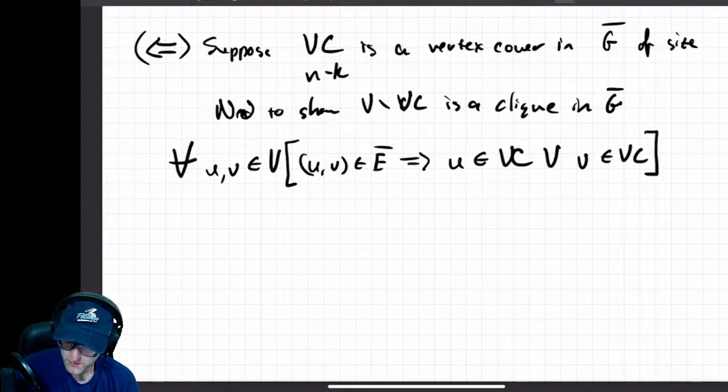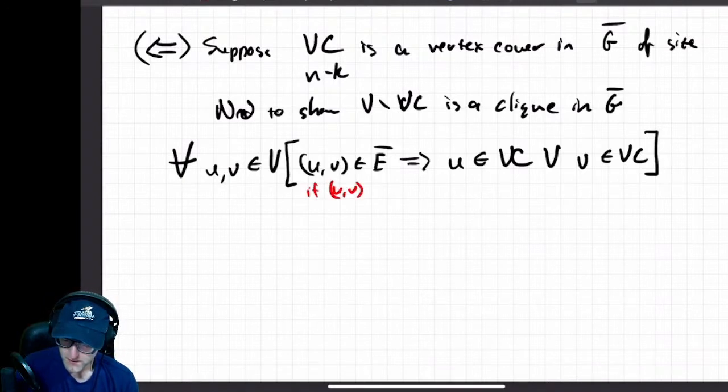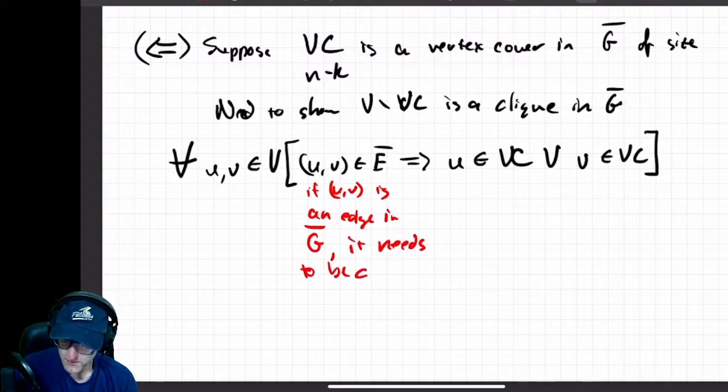So again, let's walk through this. For all vertex pairs u and v, if uv is an edge in the complement graph, then it needs to be covered. So let me actually annotate these things. If uv is an edge in G complement, it needs to be covered.